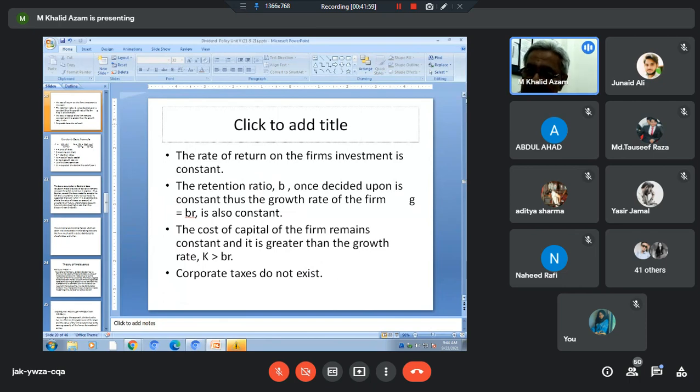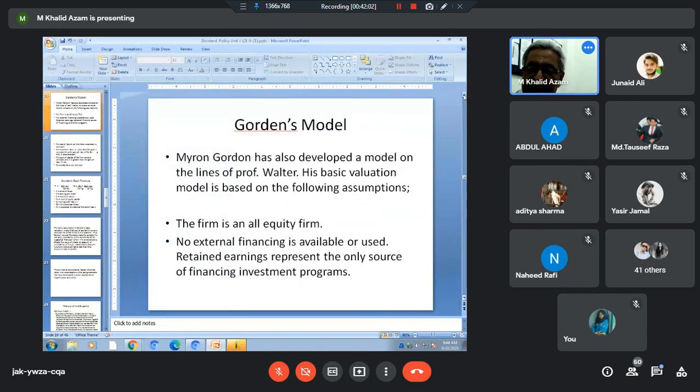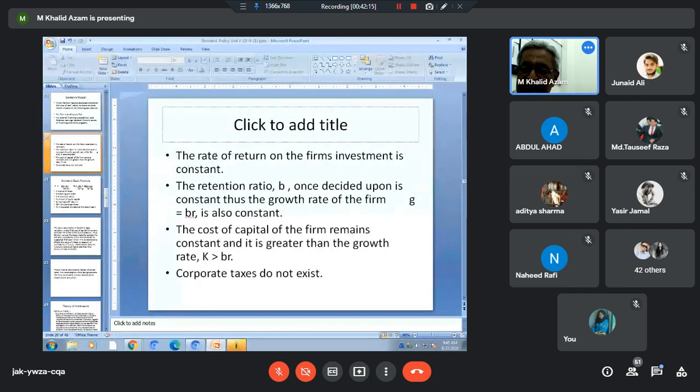So now I am going to recap your assumptions. The firm is an all-equity firm. No external financing is used. Retained earnings represent the only source of financing. So no debt, no equity, and the rate of return is going to be constant. Because the rate of return is the same, the retention ratio is going to be constant.